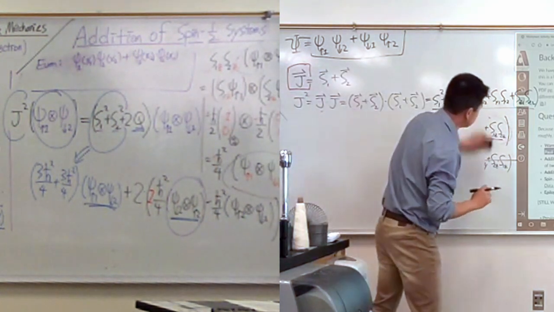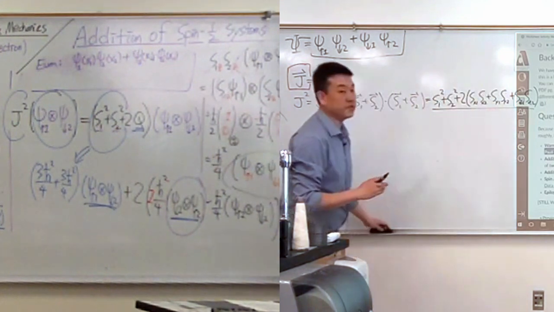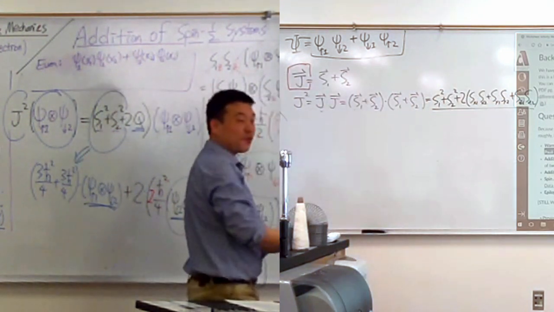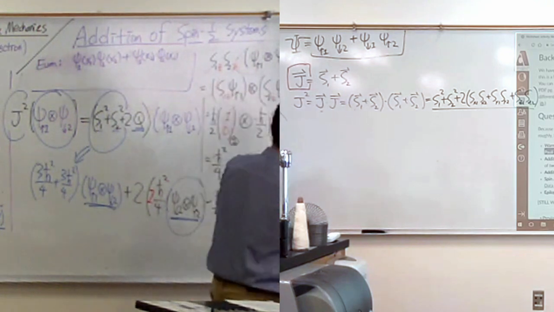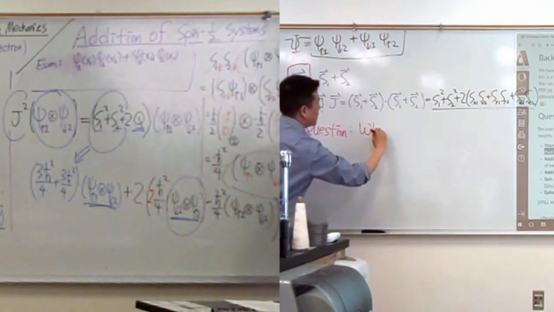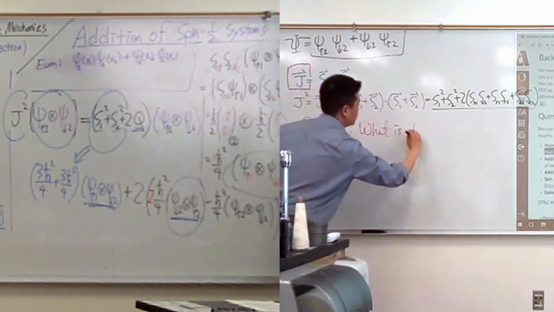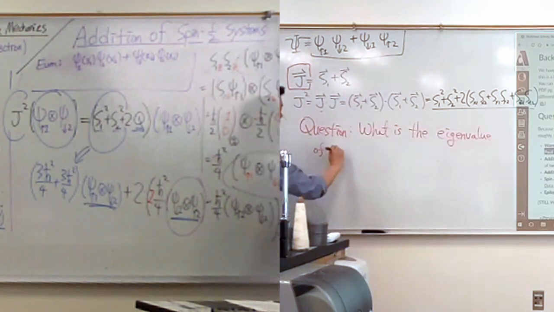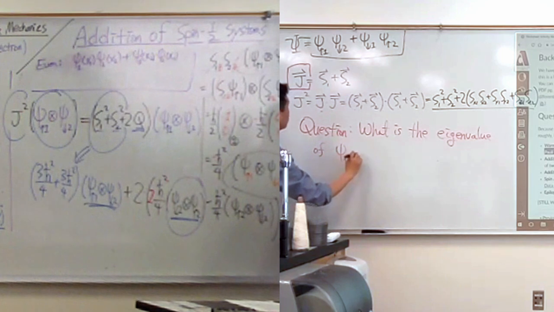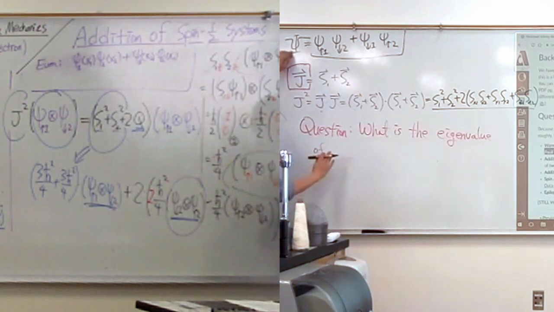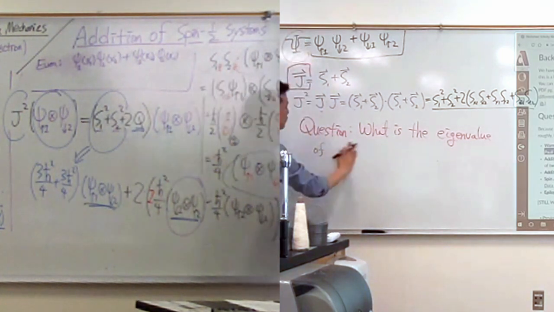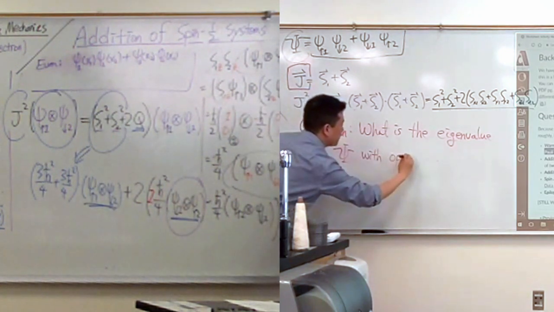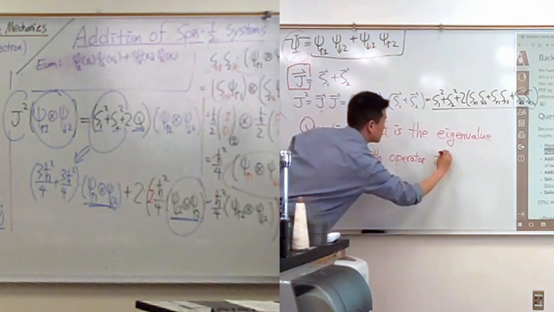I think you have seen enough now to actually do this calculation. If you have any questions, you can call me and I'll come by and help you with it. So the question is, what is the eigenvalue of this psi with operator j squared?